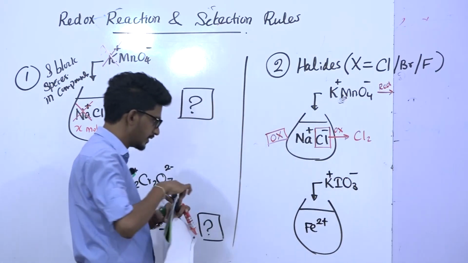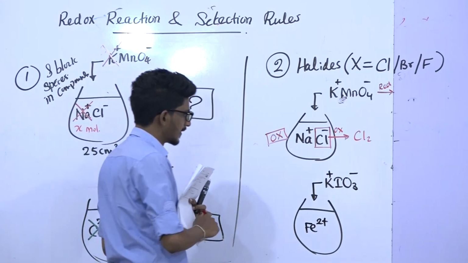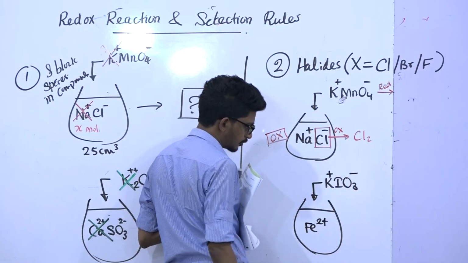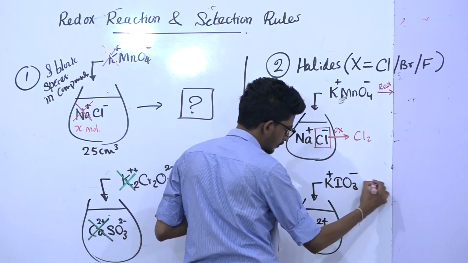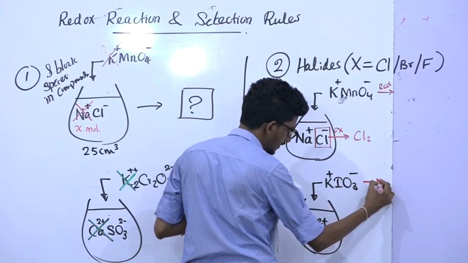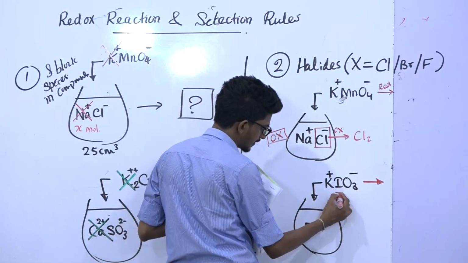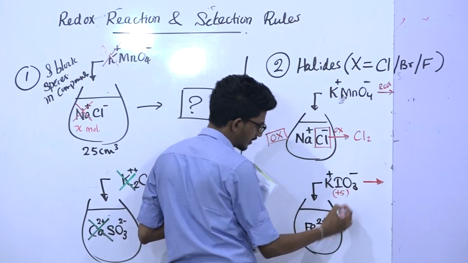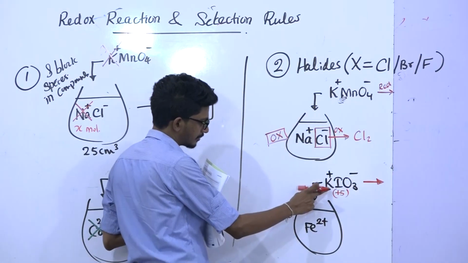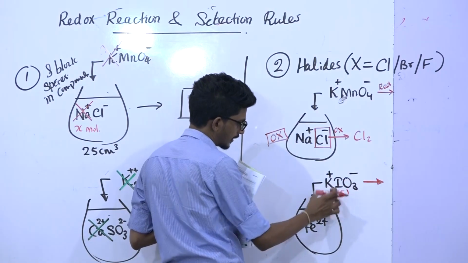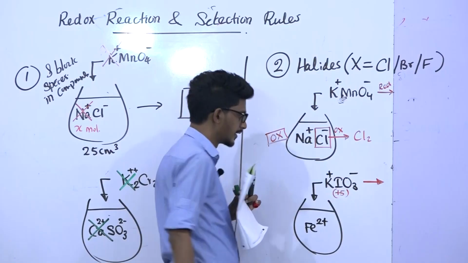In this one, the halide prefers only the X minus form or the X2 form as products, that is it. The IO3 minus has a +5 oxidation state: K is +1, the 3 oxygens carry -6, all together -5, so iodine should carry +5.